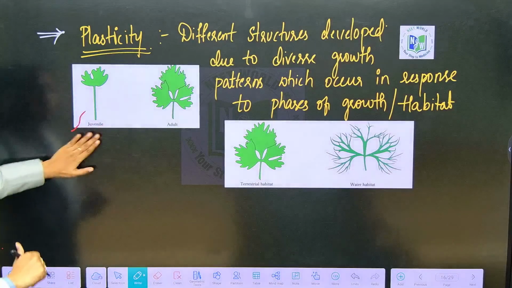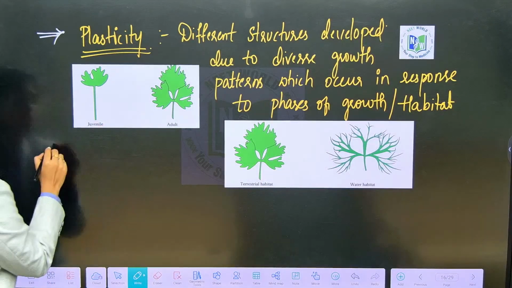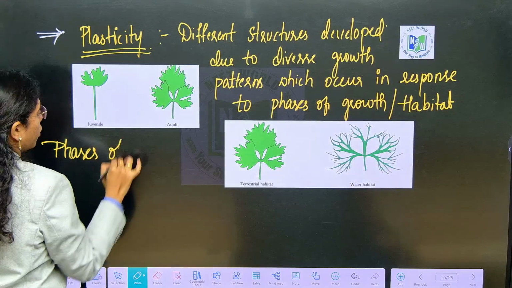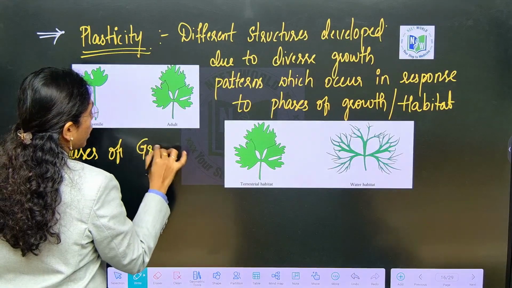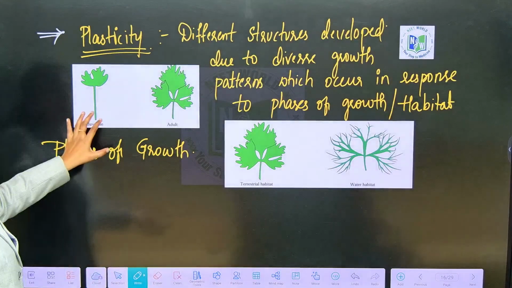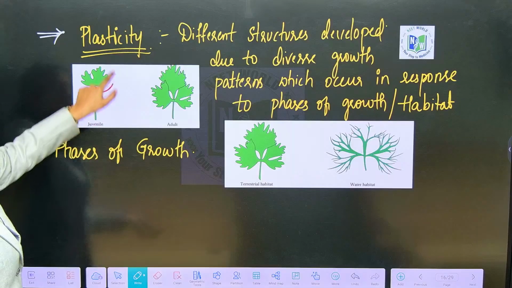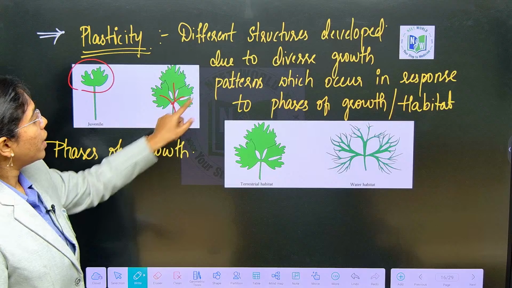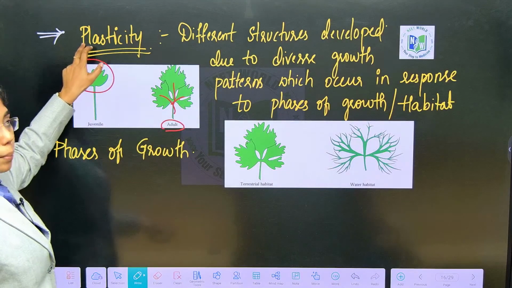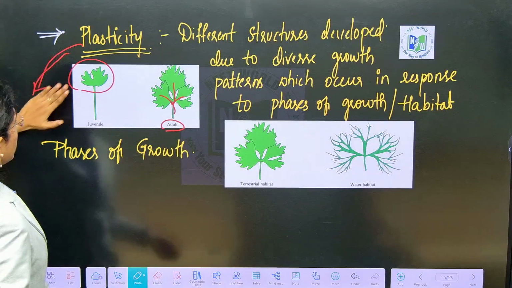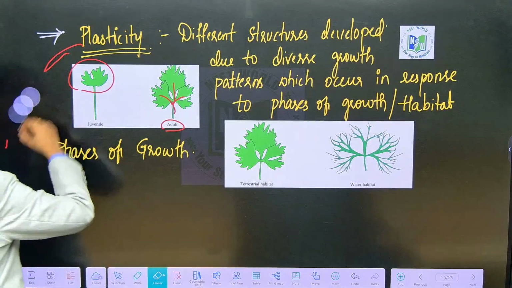So, first, the response to different phases of life or phases of growth. If you observe coriander in your daily life, the juvenile phase coriander leaves will be of different structure, and adult coriander leaves you can see are of different structure. One example of plasticity will be heterophily.